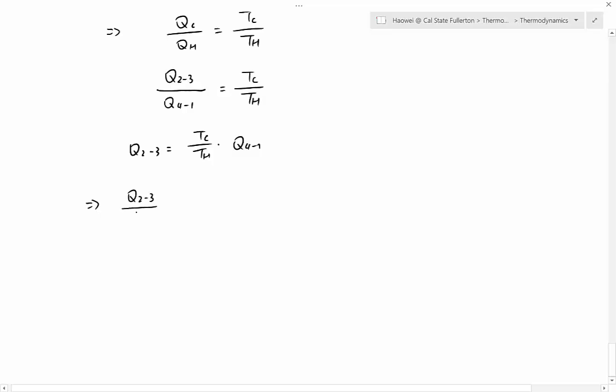Q223 over mass, and right hand side becomes Tc over Th times Q421 per unit mass. Left hand side is exactly what we're looking for. And now let's take a look at the right hand side. Do we have Q421 per unit mass? Yes, we did find it from part 1. So now if I need to find a solution, I just need to find T cold and T hot. That's the only two I need.